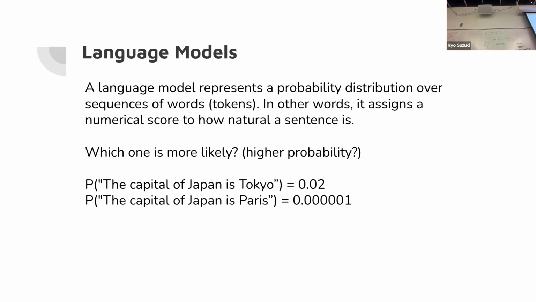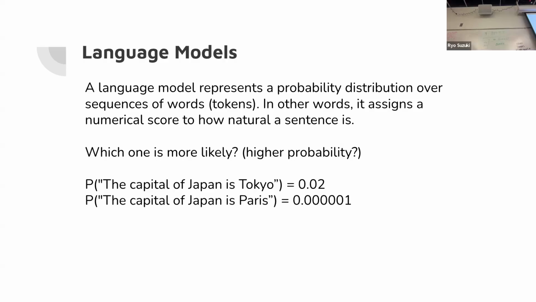But if you look at Wikipedia or any blog post on the internet, you could see the first sentence, but you probably can't see the second. So if you compare the probability of this sentence with that one, you understand that Tokyo is the capital of Japan.